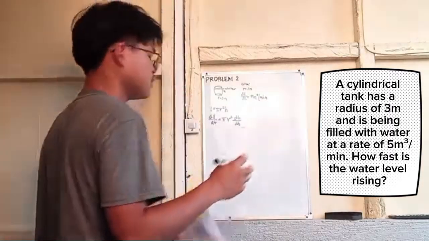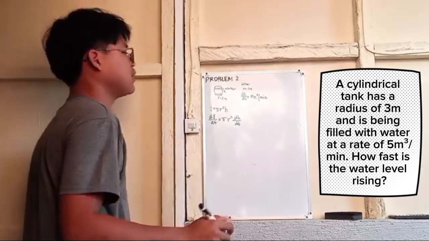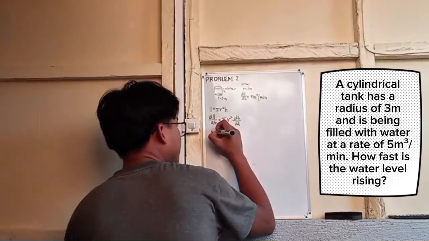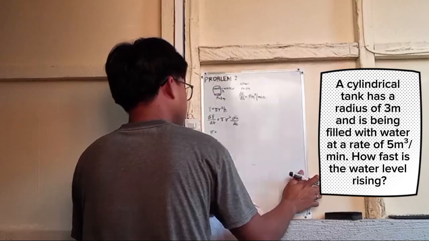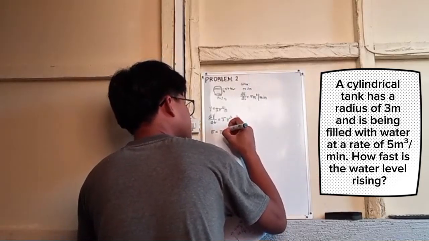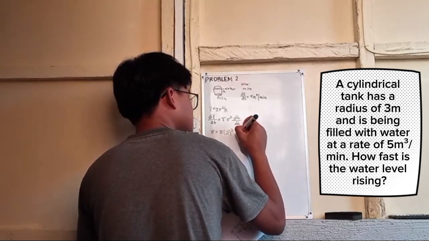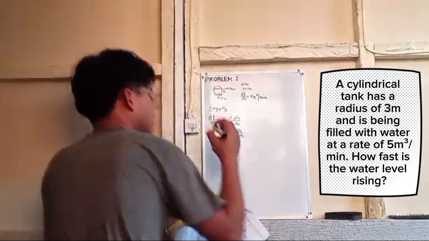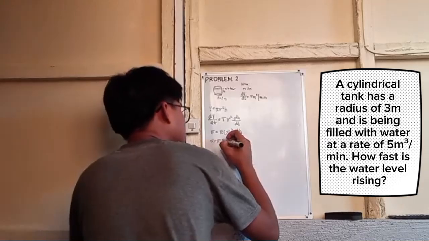Then next, we will substitute what is given into the formula. So we have the value of dV over dt, which is equal to 5, and pi, and our radius is equal to 3. Then 3 squared dh over dt. So 5 is equal to pi times 3 squared, which is 9.